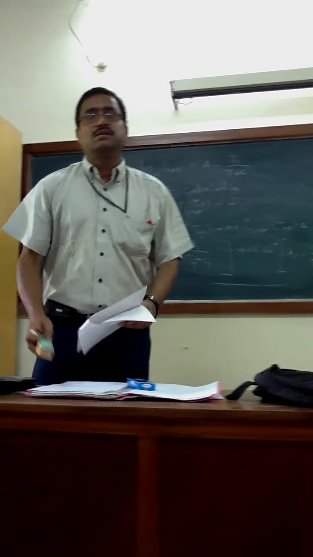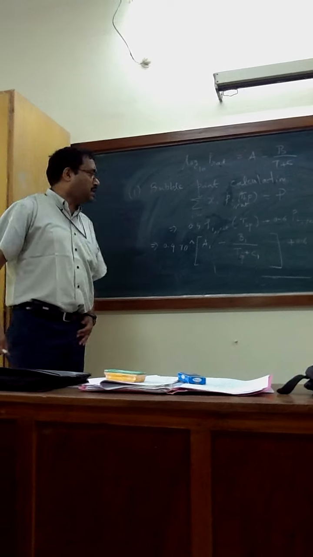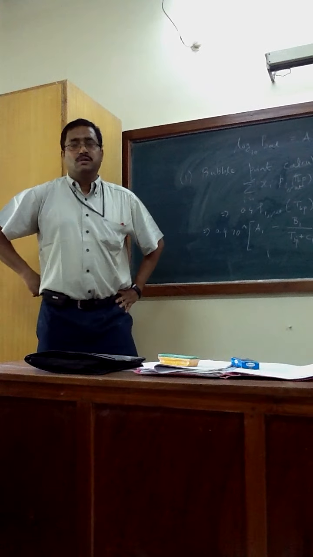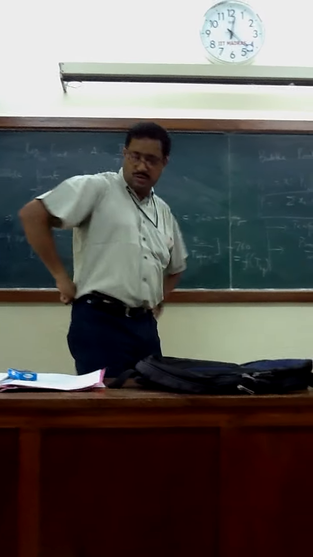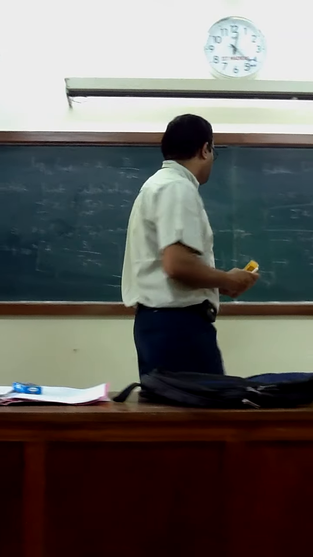It is a nonlinear equation. We have to do it by iteration. What method will we take? We will do the Newton-Raphson method. How to do Newton-Raphson method for this problem?